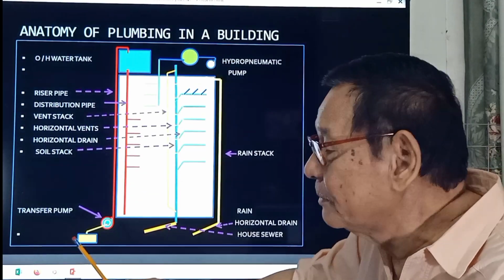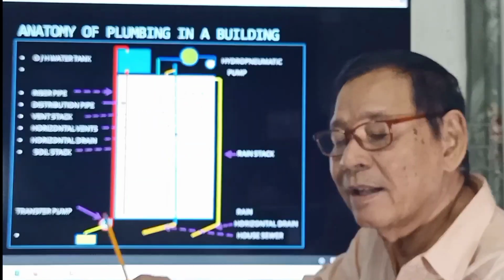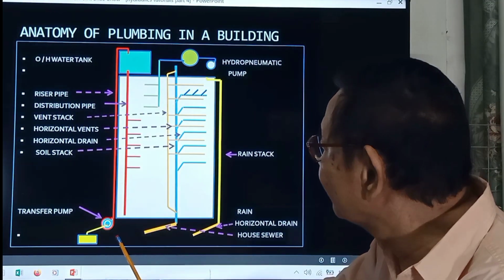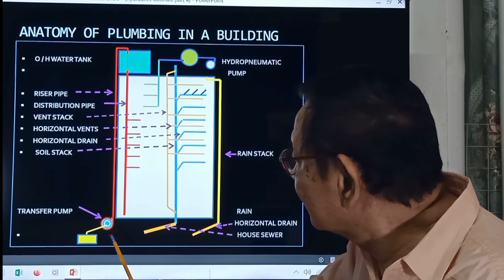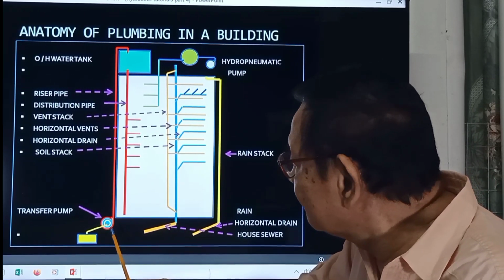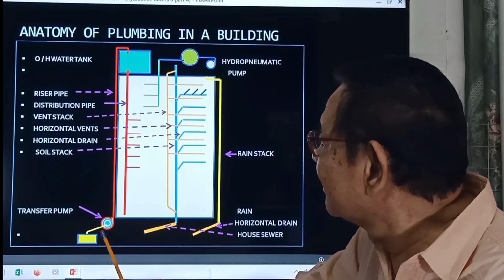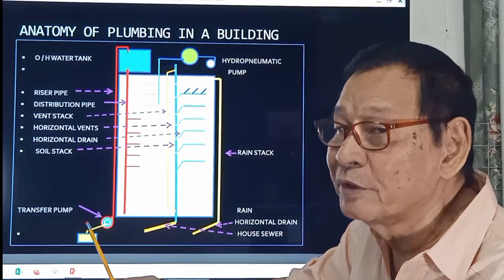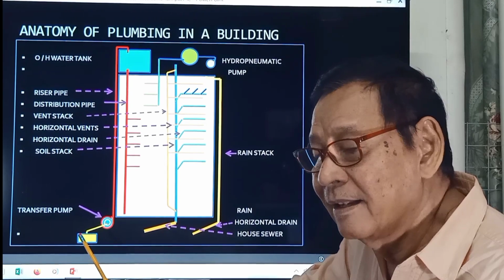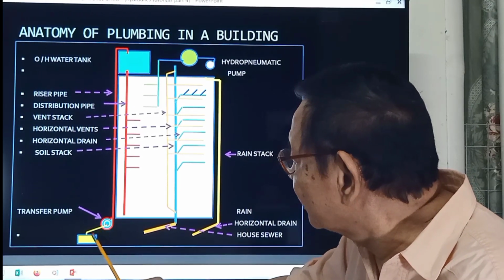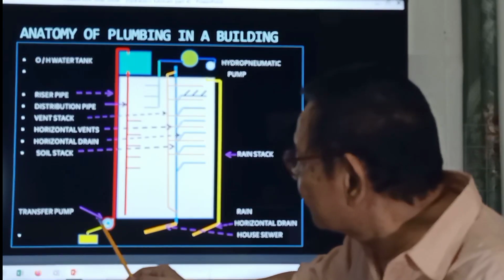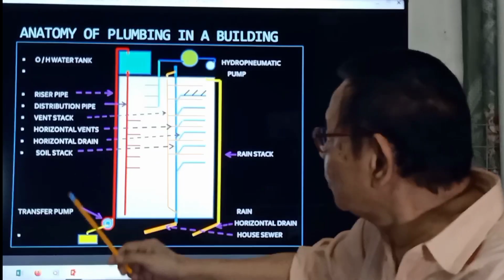Anatomy of the plumbing of the building, as I have discussed to you last time, ang lahat na ito, mga equipment, mga storage tank, ay dinidisenyo natin. Sinasize natin ang capacity ng storage tank natin from the cistern up to the overhead tank.